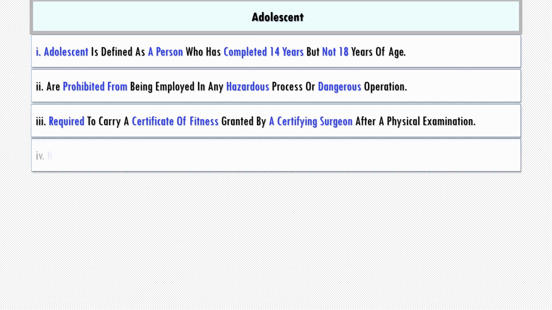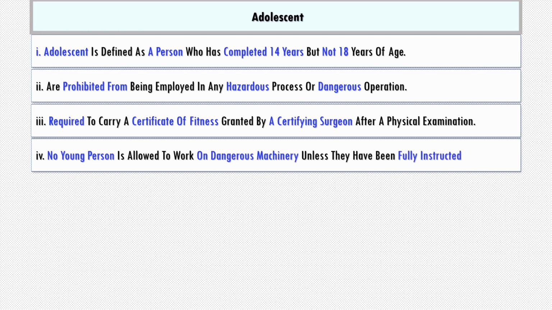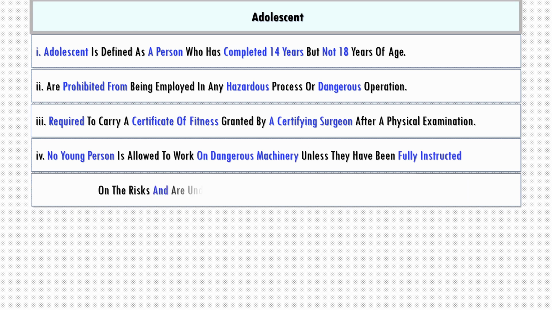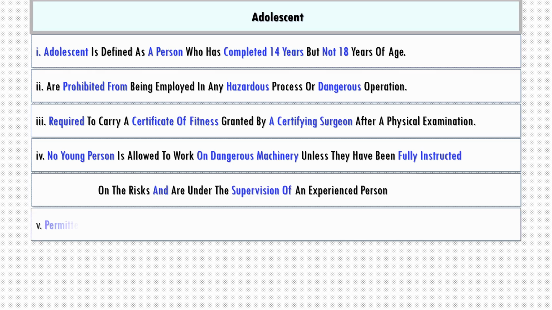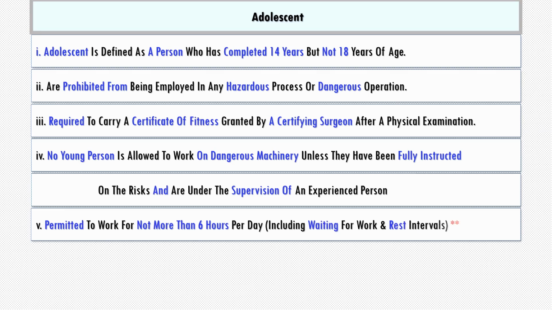No young person is allowed to work on dangerous machinery unless they have been fully instructed on the risks involved and are under the supervision of an experienced person. Adolescents are permitted to work for not more than 6 hours per day, including rest intervals and waiting time for work.